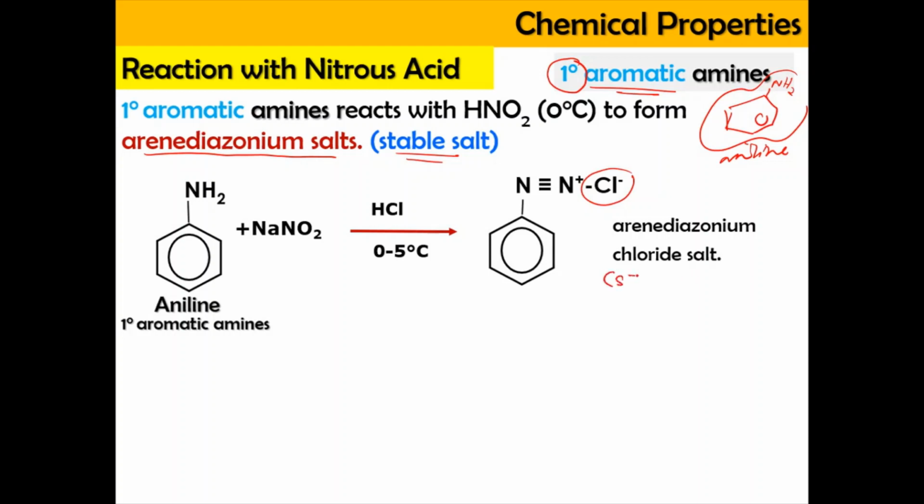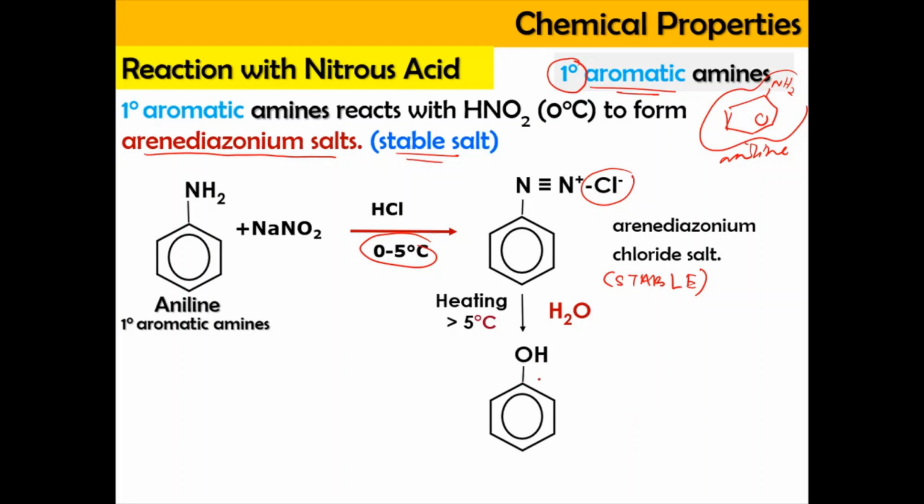So this structure here is very stable, not like a primary aliphatic amine, because the primary aliphatic amine is going to decompose, right, to give four products. For aromatic, it's going to be very stable at low temperature. But when we apply heat, what is going to happen is that the N2 is going to be released.